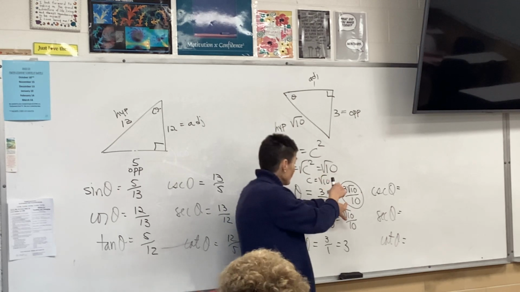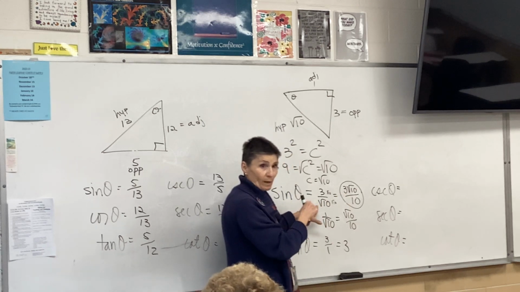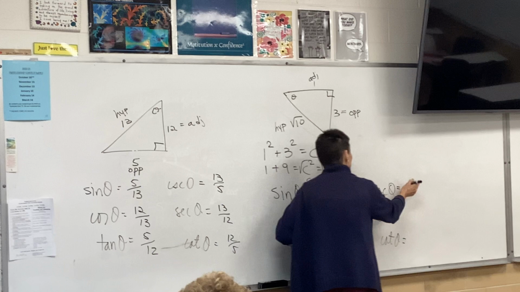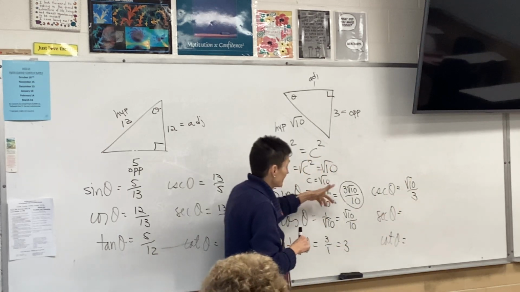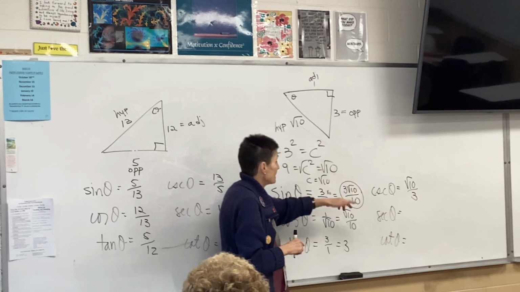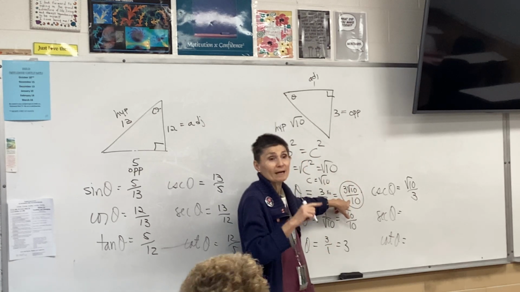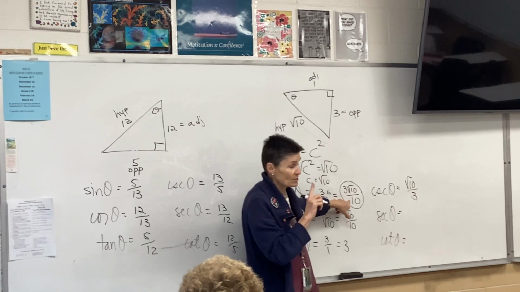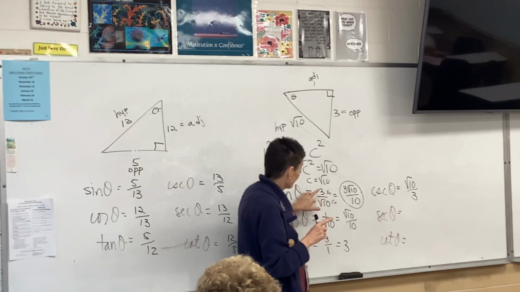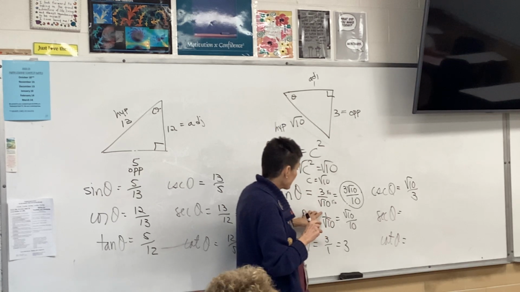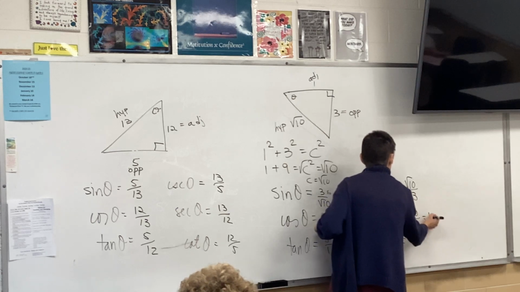But before it was that, it was this, right? So that's what I'm going to flip. I'm going to flip root 10 over 3. Or flip 3 over root 10 and make it root 10 over 3. If you flip this, guys, you will get the right answer, but you're going to have to rationalize it first, and that's going to be a mess. So go ahead and flip it right here, root 10 over 3. Same thing here, root 10 over 1, or just root 10.